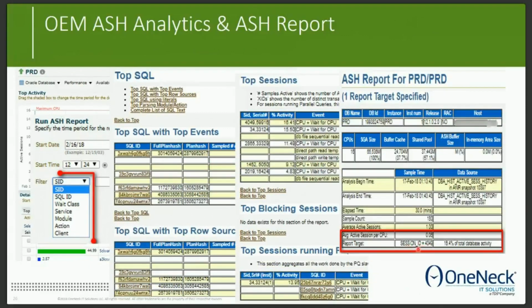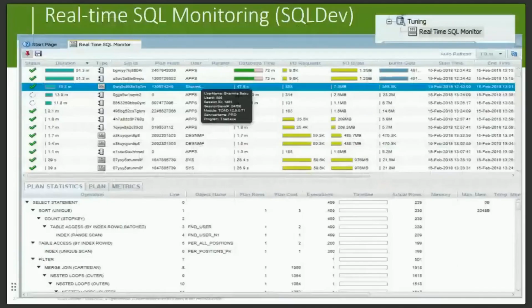I'm just filtering for a particular session ID 4049, and that particular session is causing 16.4% of the total database activity. So I can filter that, and then that will show me information about that session. If I'm troubleshooting one session, I can run the ASH report for that particular session for the time duration, and this ASH report will give me information about that session alone for the duration, which is useful in troubleshooting.